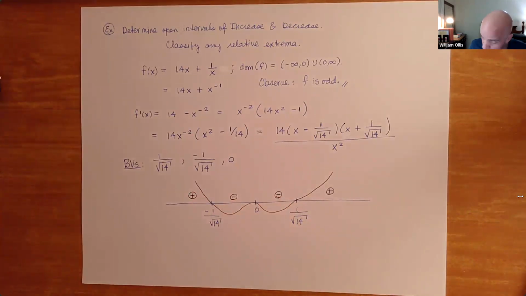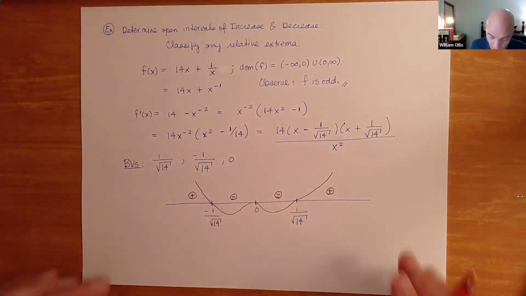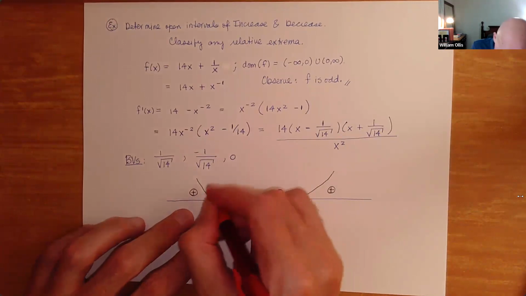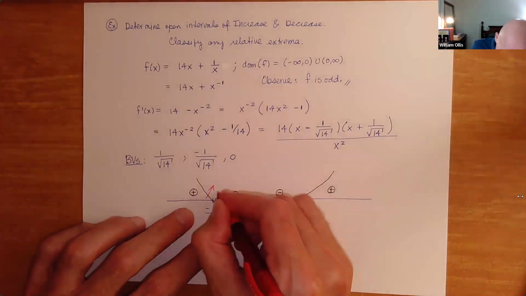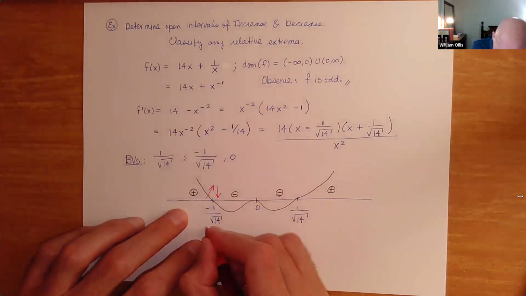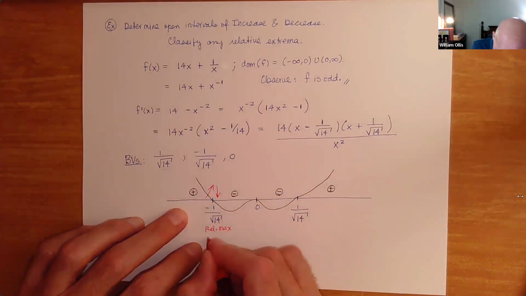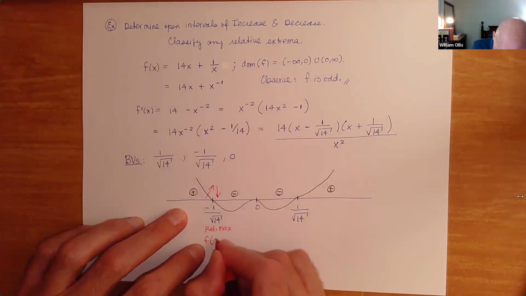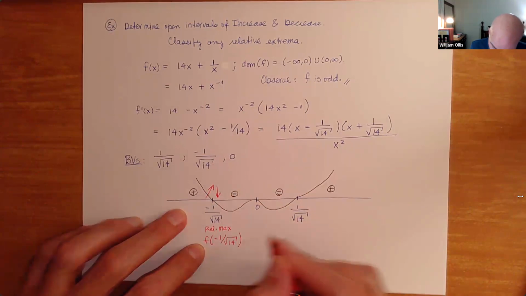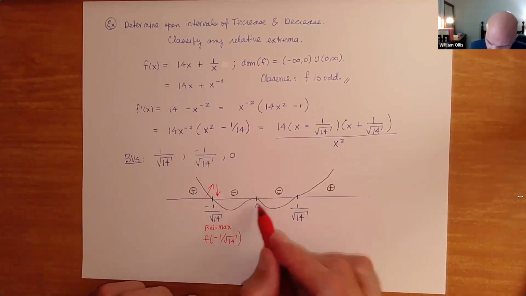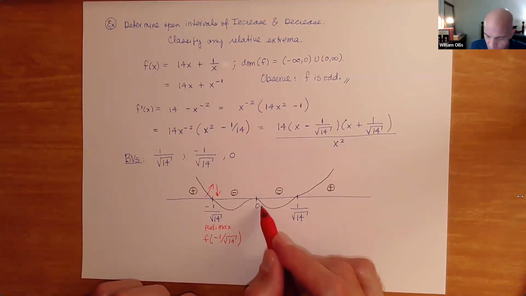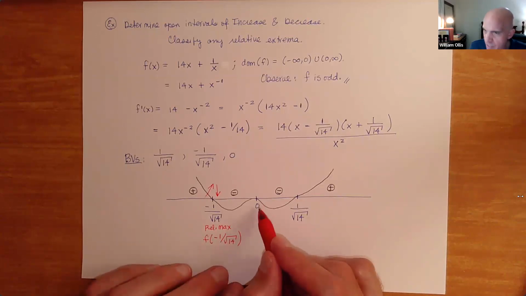So what we want to do is go ahead and fill in our little arrows. So we have increase, decrease. So we have a relative maximum. So we have f of -1 over root 14. And of course, now the 0 here doesn't make any sense as far as a max or a min because it's not in the domain.